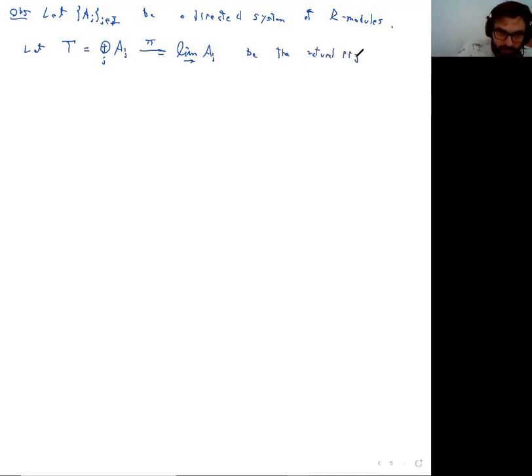And we consider the natural projection. So what I mean by natural projection, well, basically you send an element here into the corresponding one on the diagram, and then from the diagram you go to the limit.